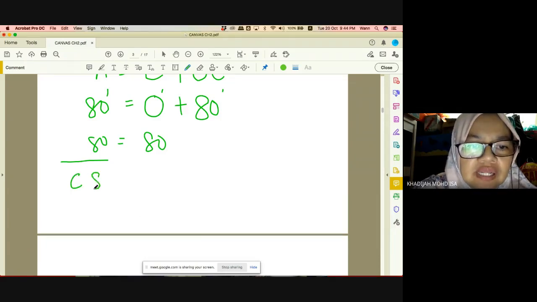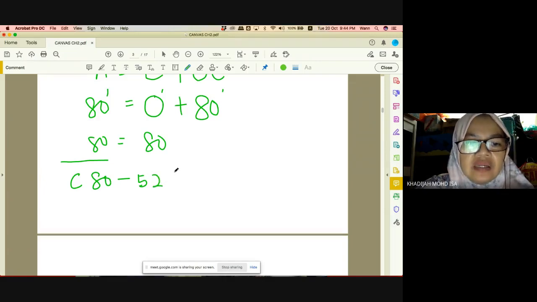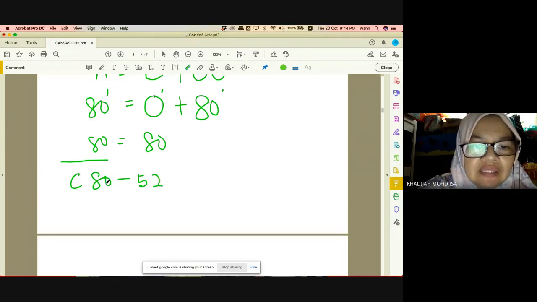Cash was initially 80, but then you have to pay for land. How much is the land? 52,000. So cash, initially 80, is now 52 less. How much is the balance? 28. But do you have any other asset that you have now created?